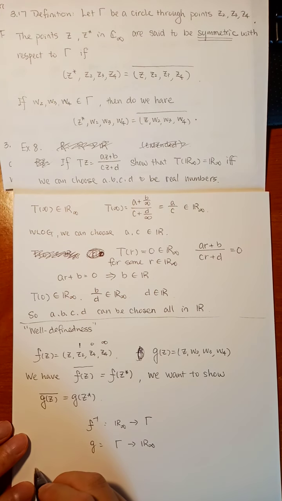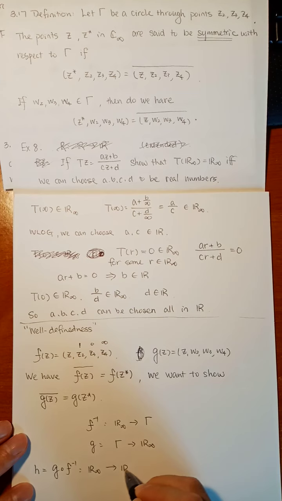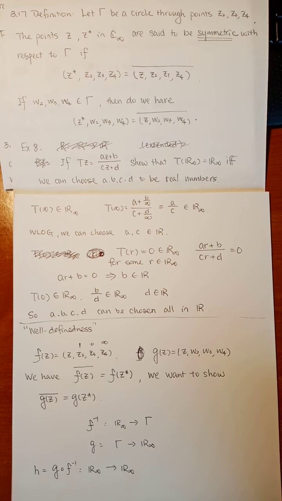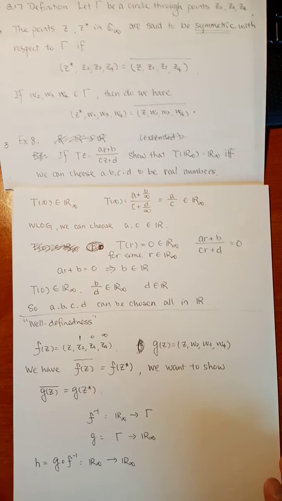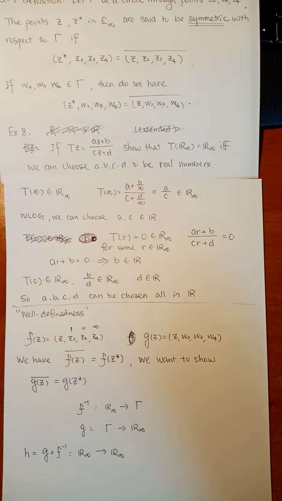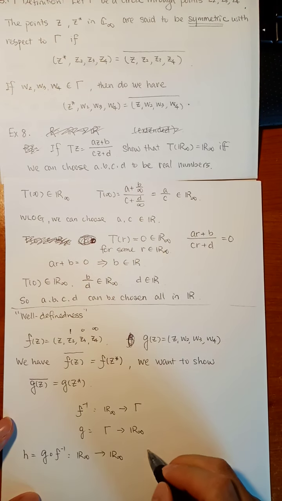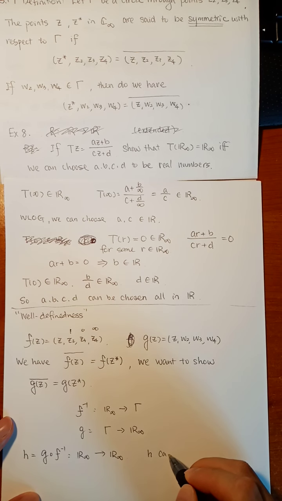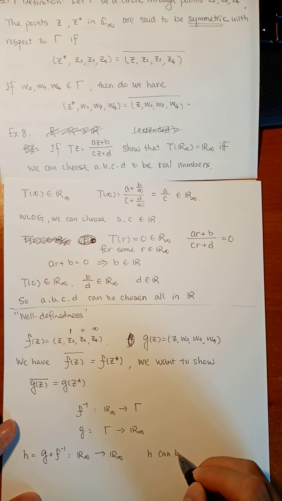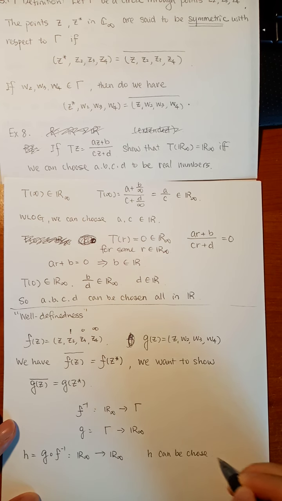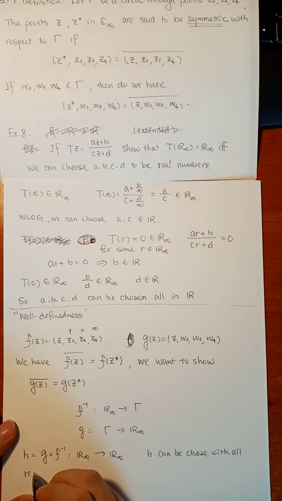So if we compose G with F inverse, then it is from R infinity to R infinity. Okay, so H can be chosen with all real coefficients.